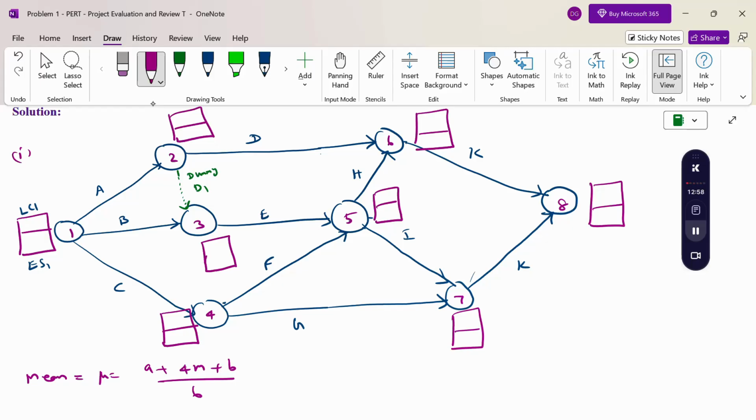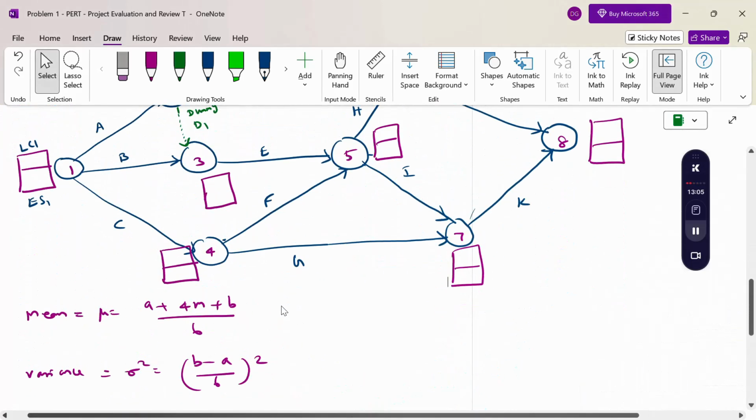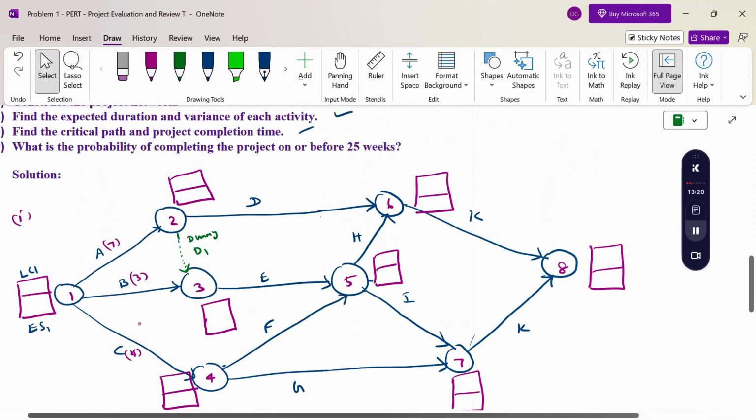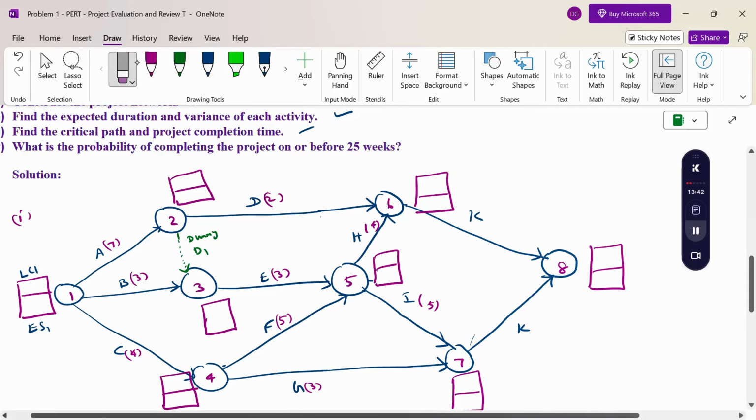So A duration, now see here, A duration 7, B duration 3, C 4, and then D 2, E 3, F 5, G 3, H 4, I 5, and this is J 6, K 3.